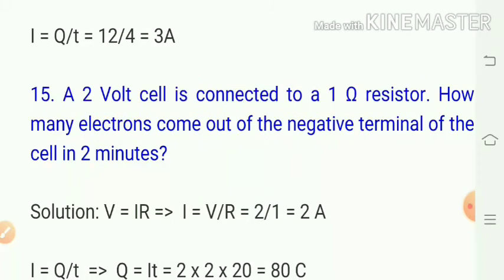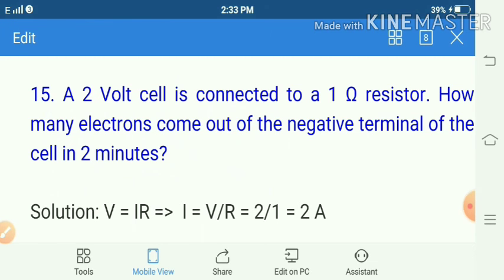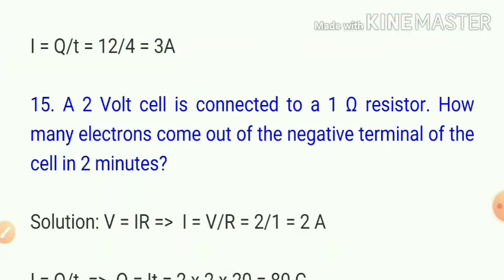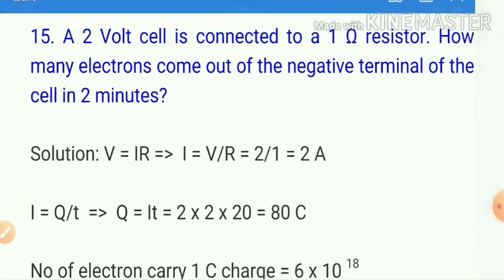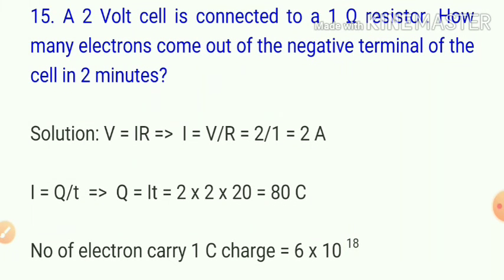Now we will take the next example. A 2-volt cell is connected to a 1 ohm resistor. How many electrons come out of the negative terminal of the cell in 2 minutes? Here, we have to find I. Resistance R is 1 ohm and voltage V is 2 volt.